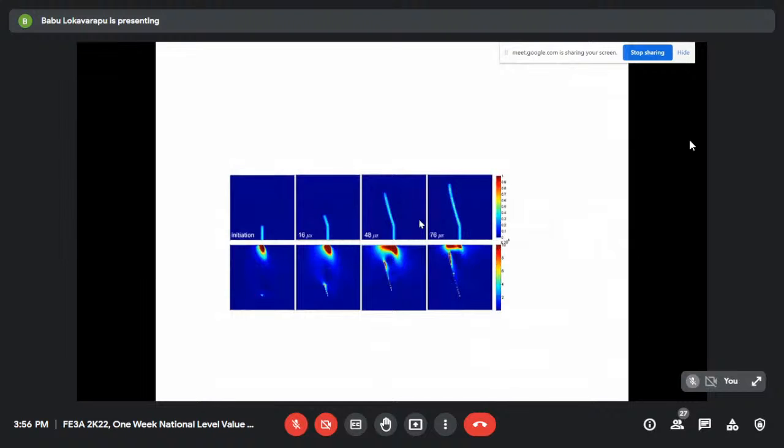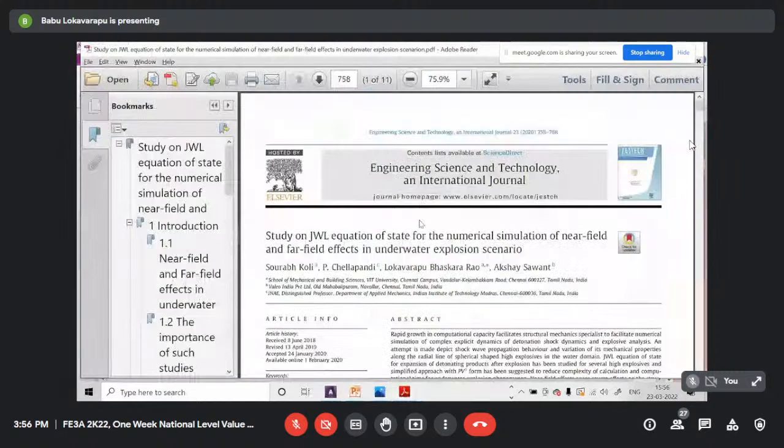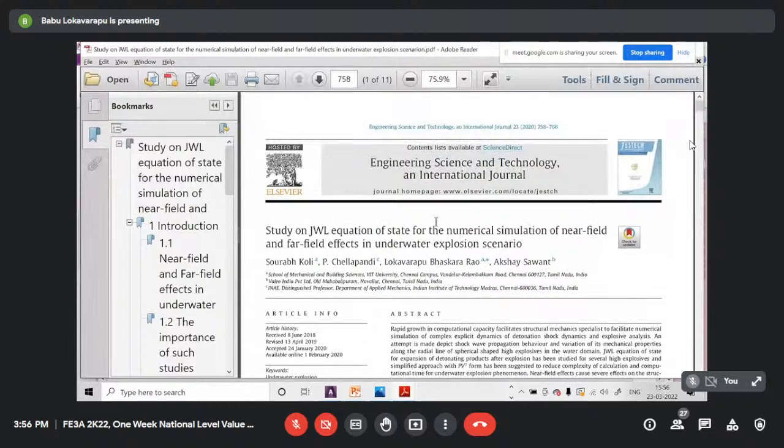And these are some of the images. I have shown only a quarter model for the study. A part of the results are published in this paper. Are you able to see this paper? Yeah. So whatever work I just presented, a part of the results are published in this.